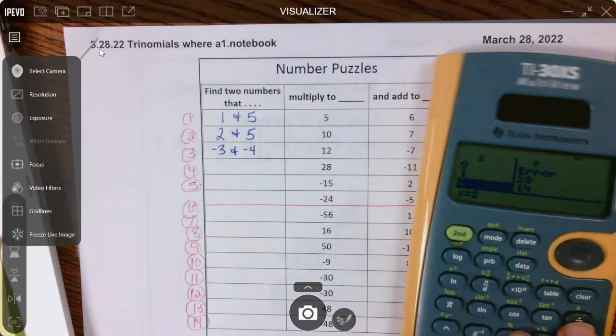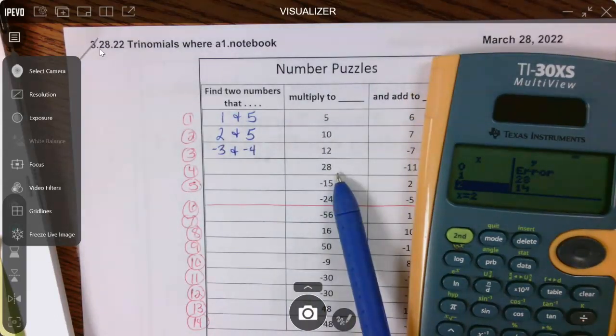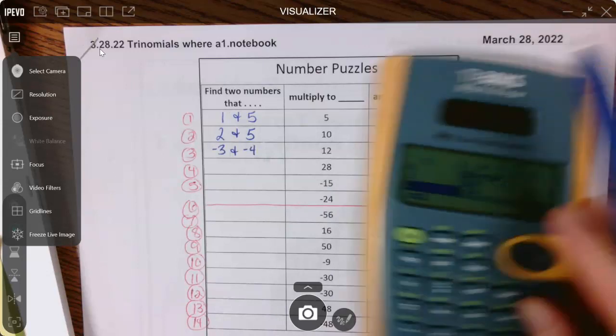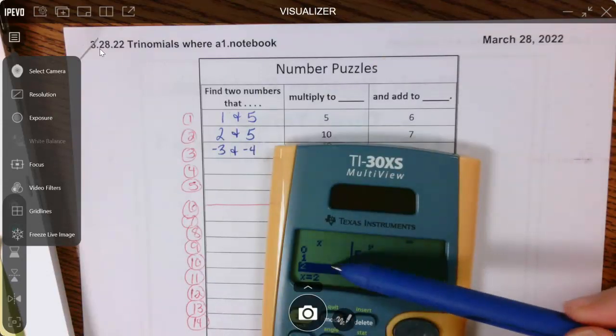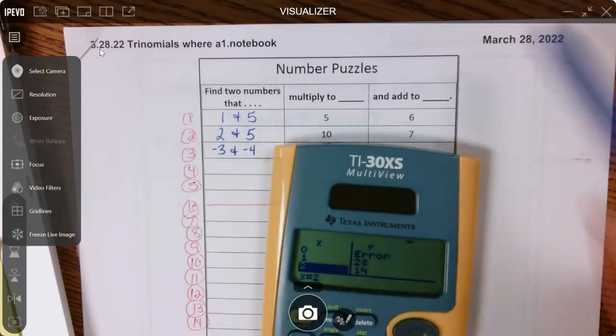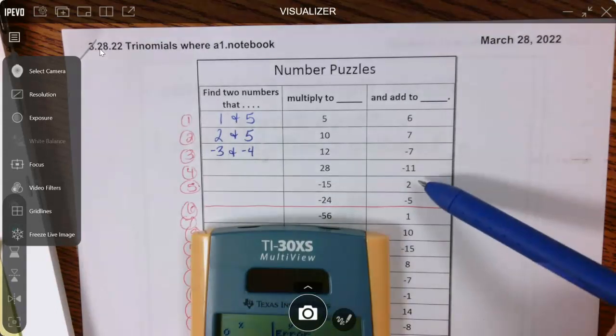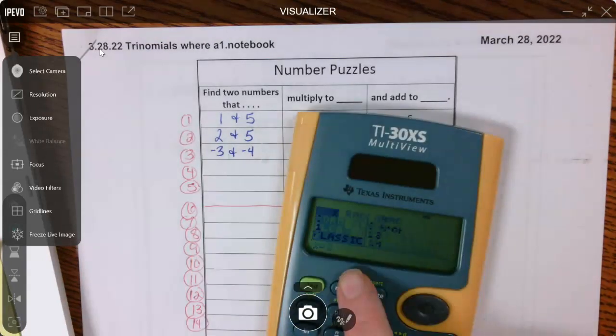So here we're trying to find two numbers that multiply to 28 but add to negative 11. So both of the numbers have to be negative. If we think about this, negative 1 and negative 28, does that add to give me negative 11? No. Negative 2 and negative 14. Whoops, I pressed the wrong button.